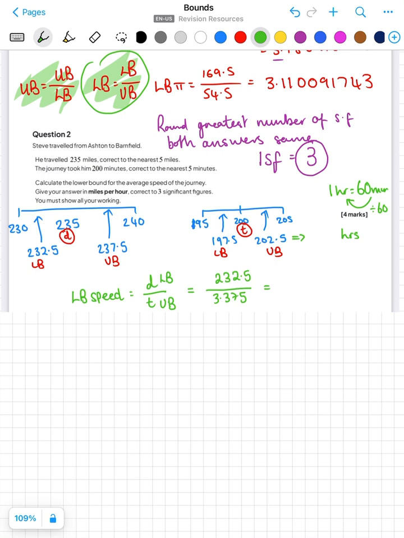And that gives us an answer of 68.8 recurring miles per hour, which seems about right if he is driving a car. To 3 significant figures for our final mark, that 8 is recurring, so that is 68.9 miles per hour, correct to 3 significant figures.